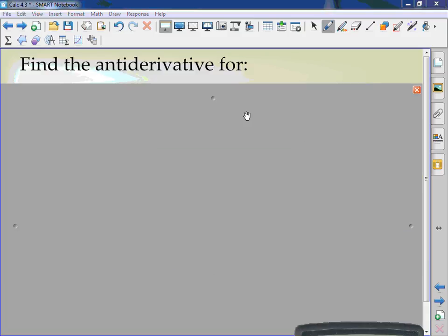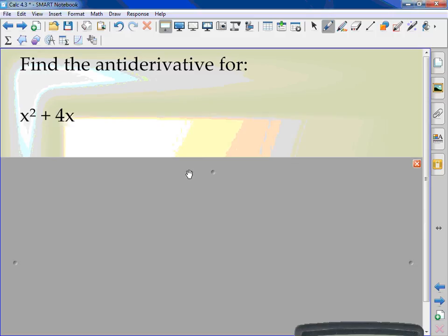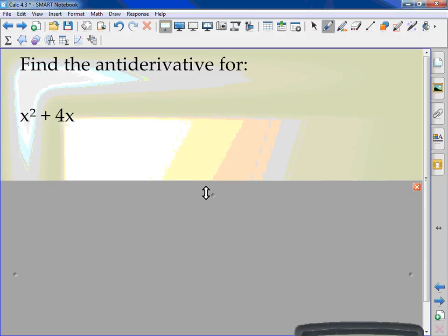We're going to find the antiderivative for x squared plus 4x. All right.